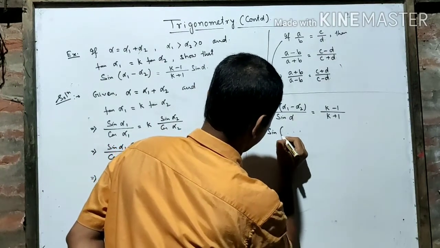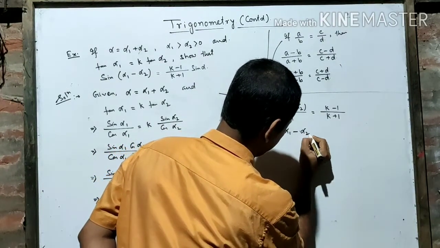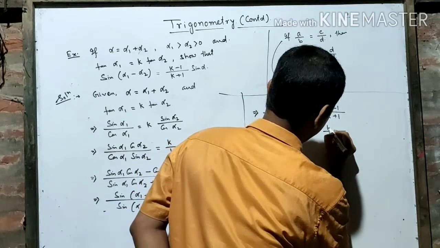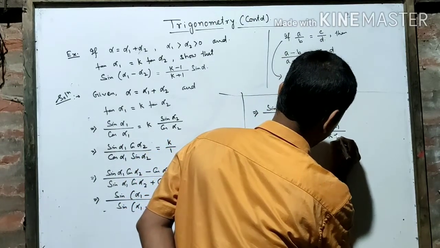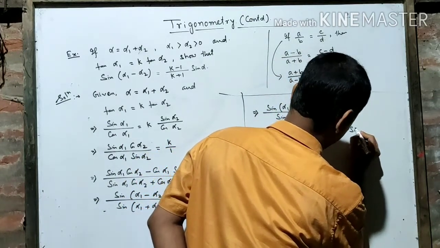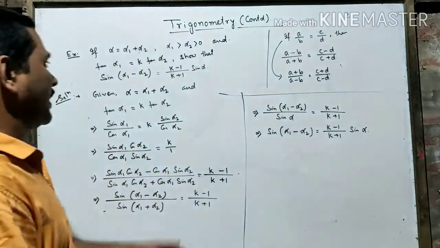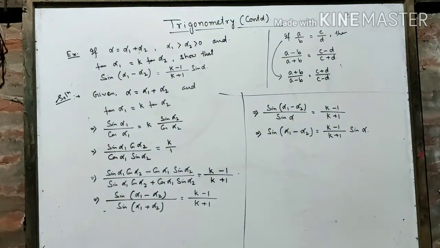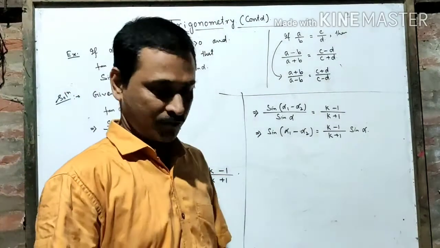This implies sine of alpha 1 minus alpha 2 is equal to K minus 1 by K plus 1 into sine alpha. Okay, and this makes the result. Okay, so we have shown it.